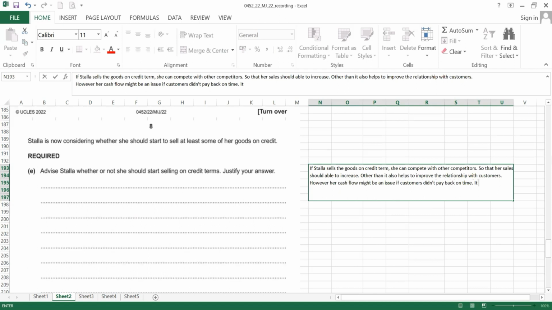It is also going to increase irrecoverable debt if customers didn't pay. So this is a problem.